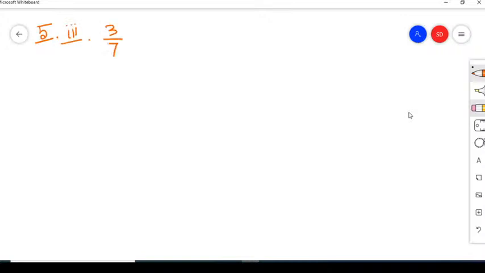3 by 7 of 4 hours and 40 minutes. So 3/7 of means multiplication, and you have to convert this 4 hours 40 minutes into minutes first.